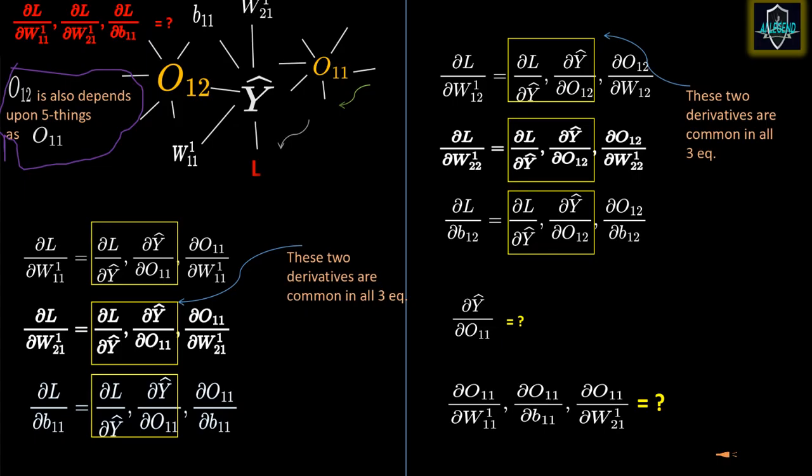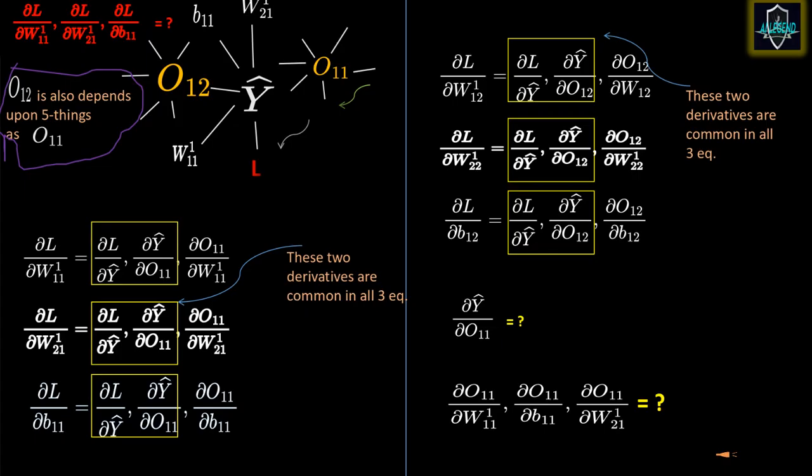Each has 5 factors. If we go in the reverse direction, then it becomes back propagation, from O11 to y hat. If we make some changes on O11, then the change will come to y hat, and then L will also change, right?